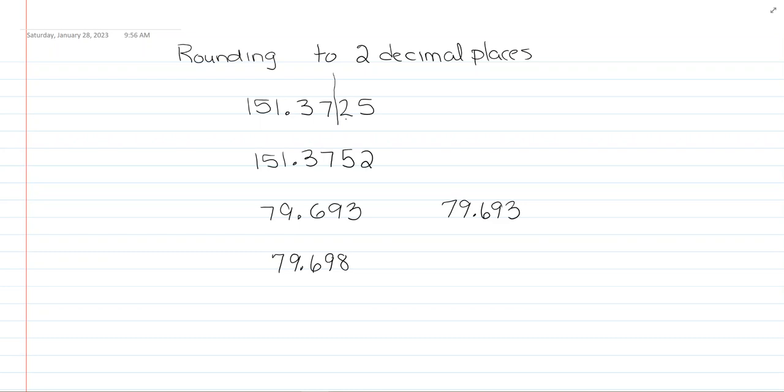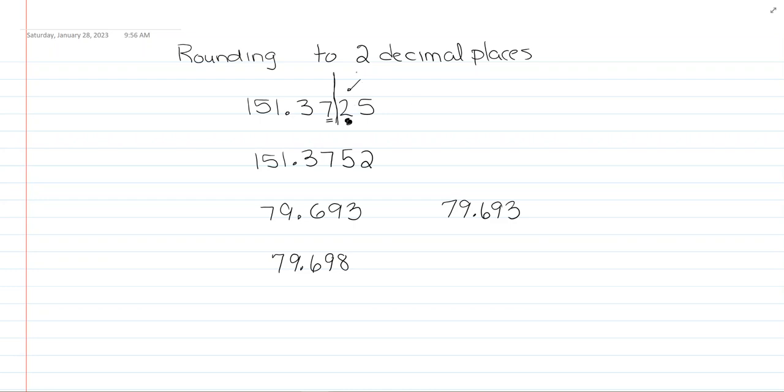Our focus is on the number just to the right of the line, and that's going to determine whether or not the number to the left of the line stays at its number or gets bumped up. If the number to the right of that line is 5 or higher, we bump up. If it's not, then we stick with that number that's there.